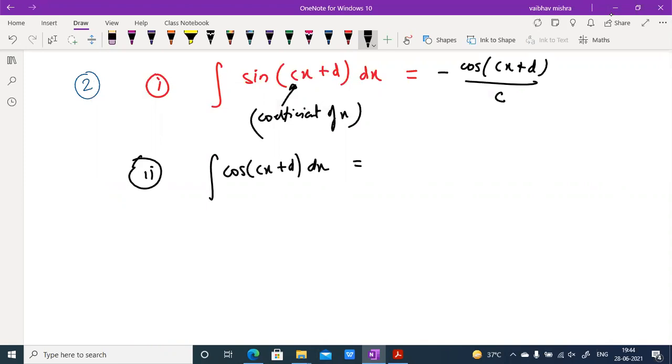You might not have the mic availability. No problem. Arnav Daryani, what should be the integration of this? Sin cx plus d by c. Right. Cos x integrates to sin x, so cos cx plus d will be sin cx plus d divided by c.